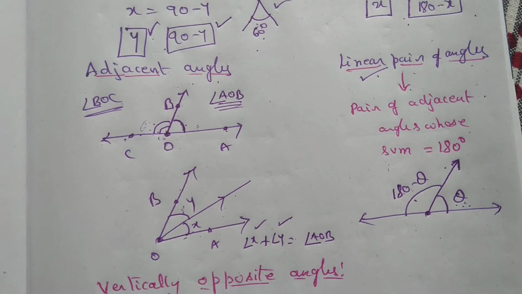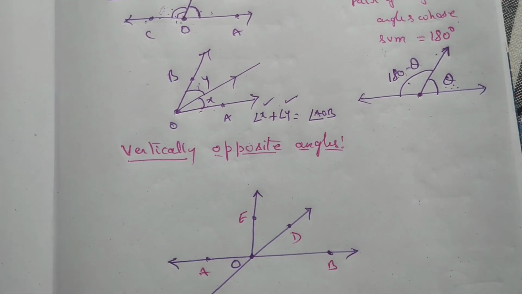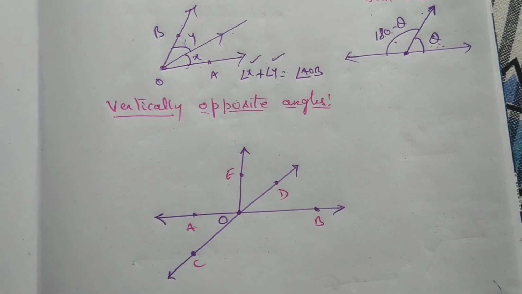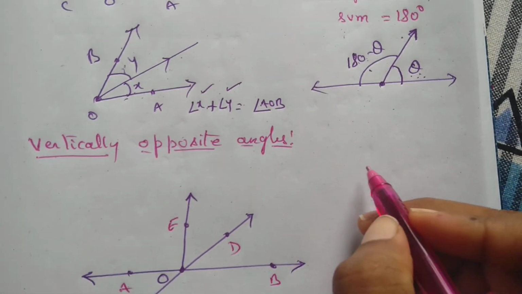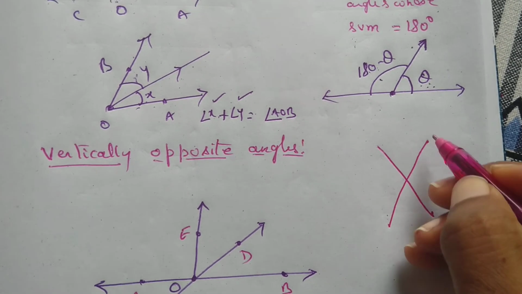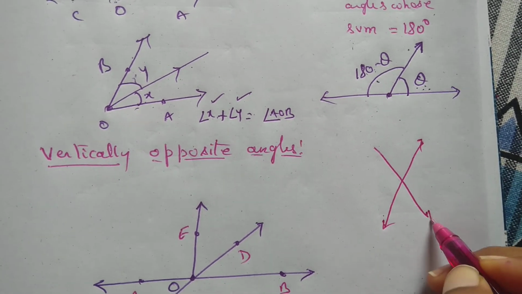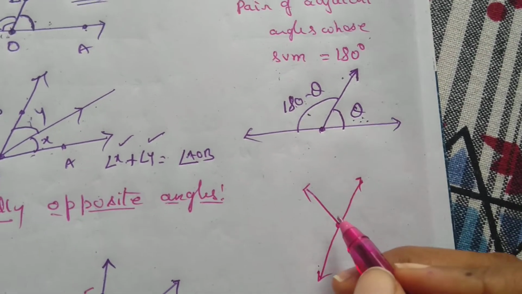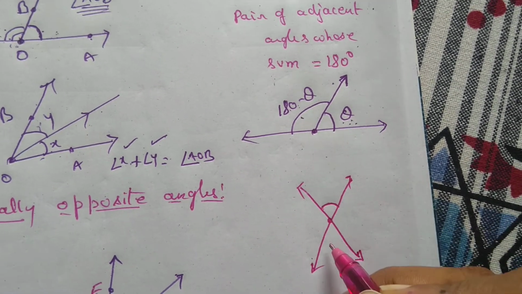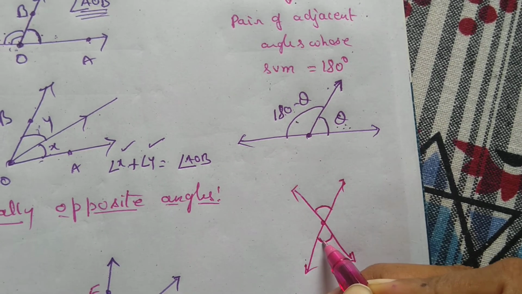Okay, children. So the next and the last one for today's class, vertically opposite angles. I'll explain this. Let us take an example. If two lines are intersecting each other at a particular point, this angle is equal to this angle here.